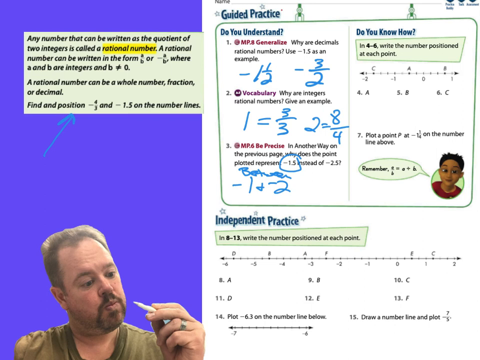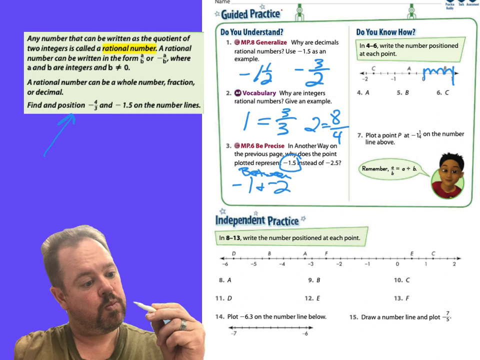Number 4, we need to write the number positioned on each point. So point A, B, and C. So let's look at our number line. Between 0 and 1, I see we have 1, 2, 3, 4 spots, 4 equal spaces.